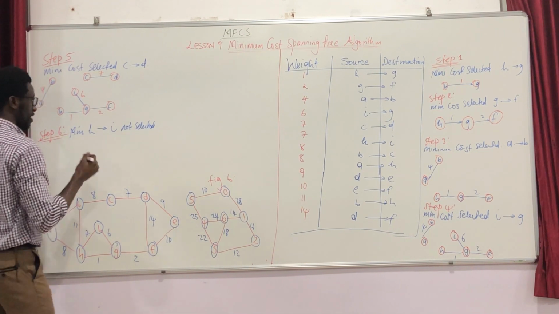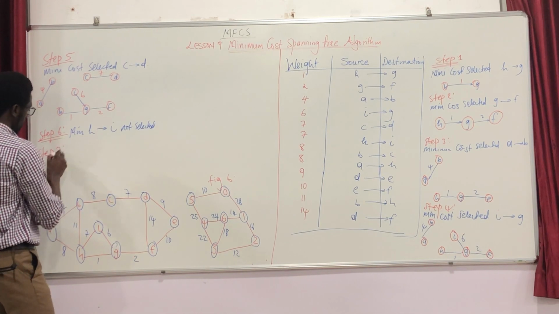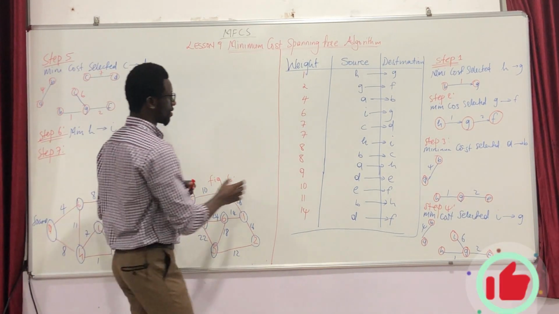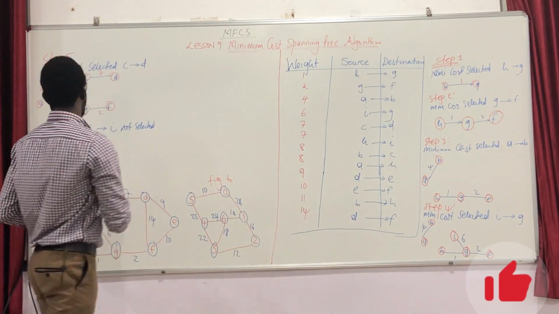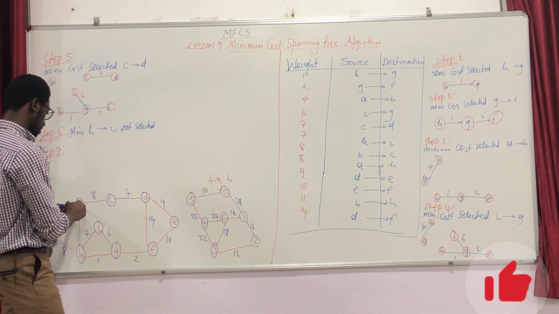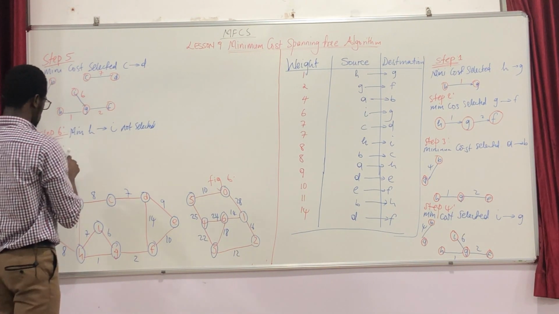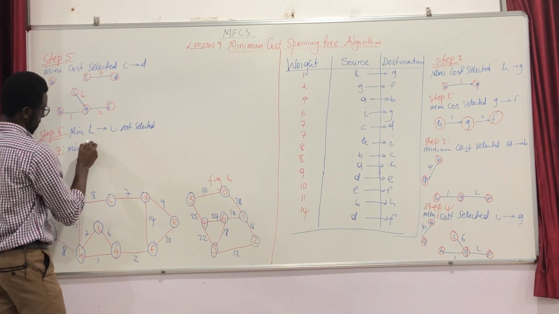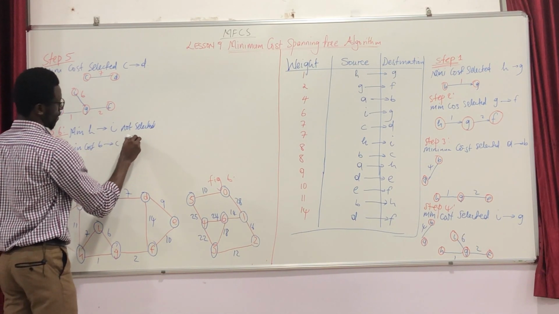Then come to step 7. Step 7, B to C. Here, B to C. Yeah, B to C selected. Minimum cost, B to C is selected.